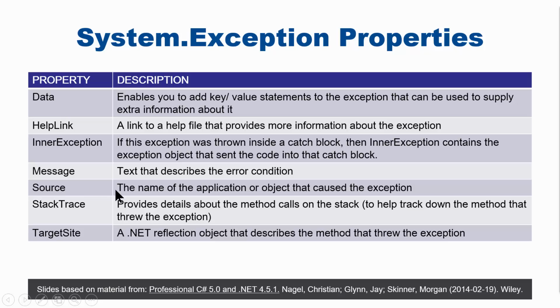The source is the application or object that caused the exception. The stack trace provides you a list of all the methods that were in the call hierarchy, and then we have a target site, which is an object that describes the method that threw the exception.